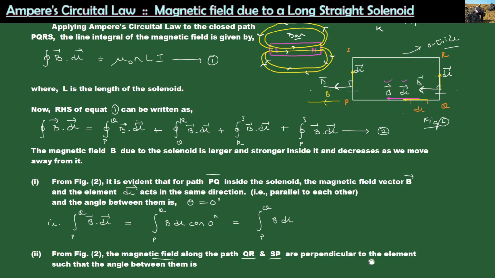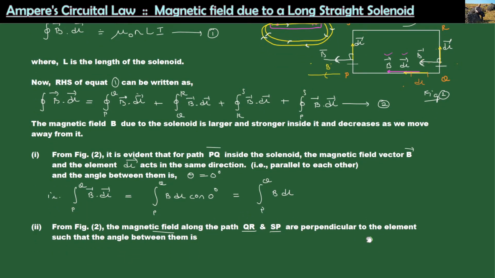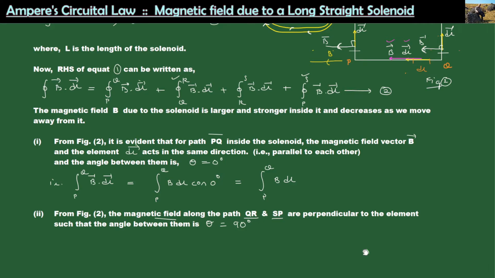So the angle between them is theta equal to 90 degree. From here it is very obvious that the integral from Q to R and the integral from P to S, both of these two integrals will contribute 0.